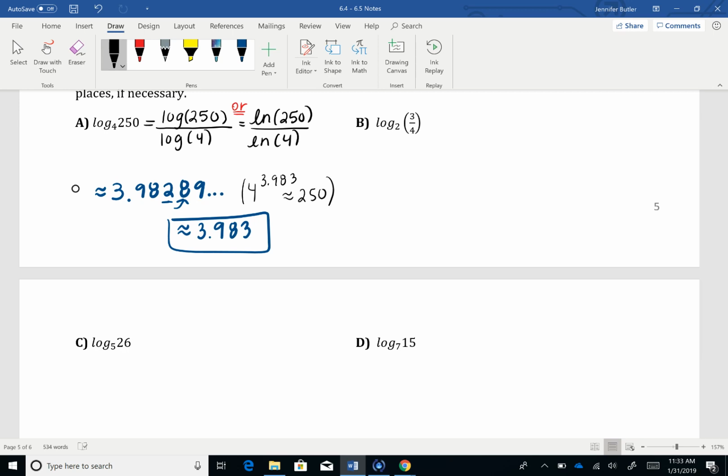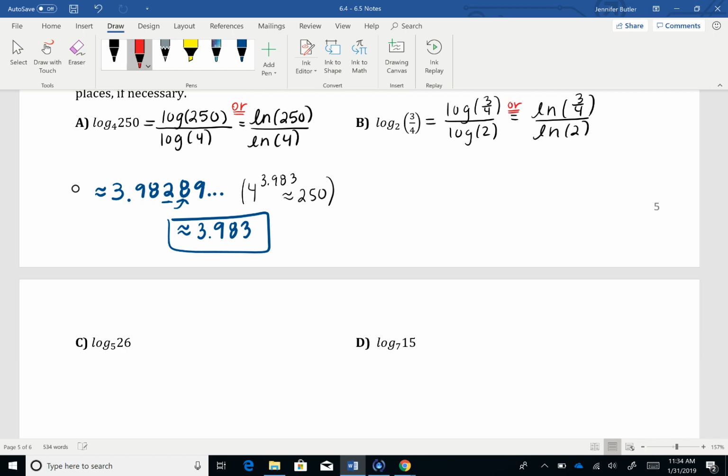All right, let's speed up. Let's try letter B, log base 2 of 3/4. Of course, 3/4 is not a perfect power of 2. So let's use our calculator. Let's take either the common log of 3/4 and divide it by the common log of 2, or you can use the natural log of 3/4 and divide it by the natural log of 2.